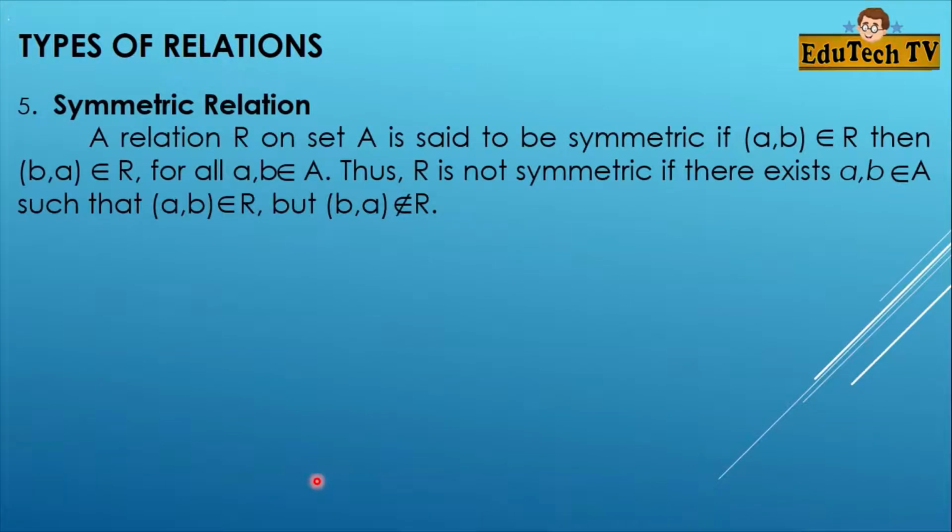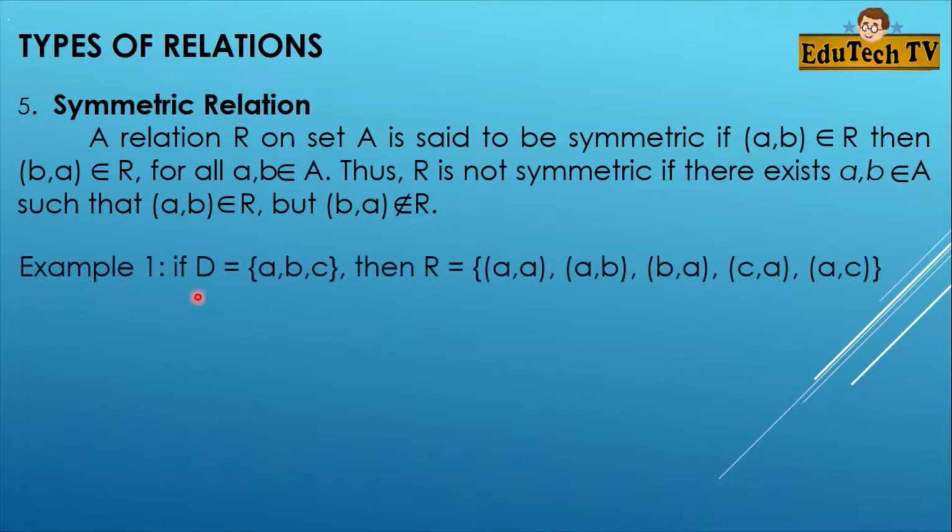Next is the symmetric relation. A relation R on set A is said to be symmetric if there exists AB, which is an element of the relation, and its reverse, the inverse BA, is also an element of the relation R, for all AB in R, elements of A. So it is not symmetric if there exists AB in the relation R but its reverse is missing.